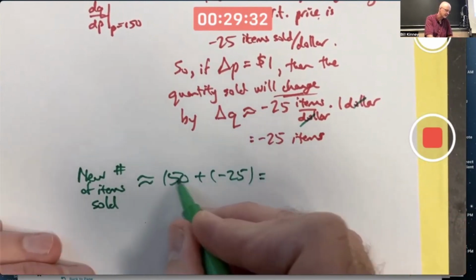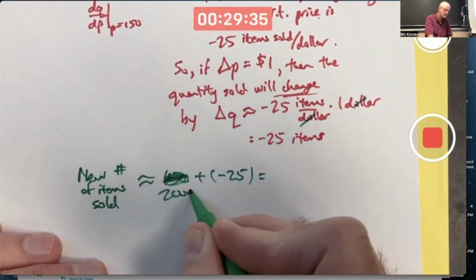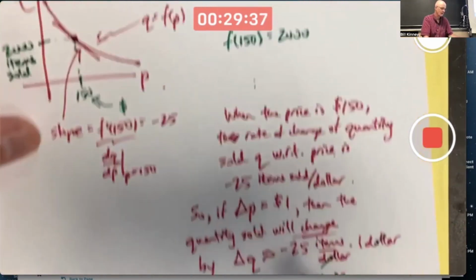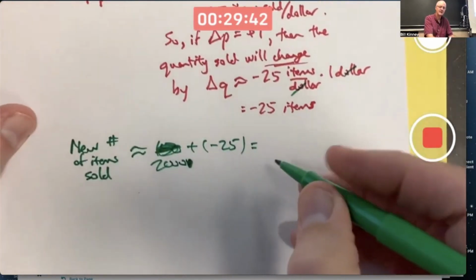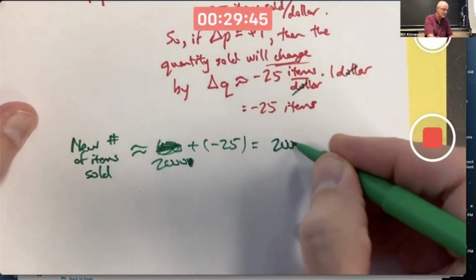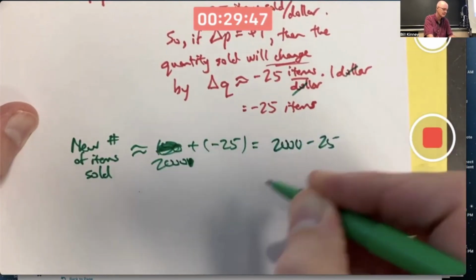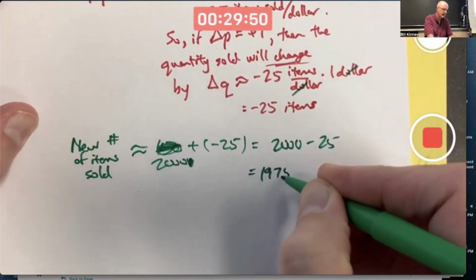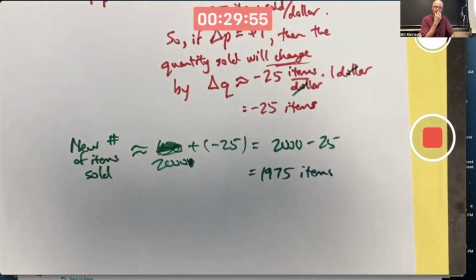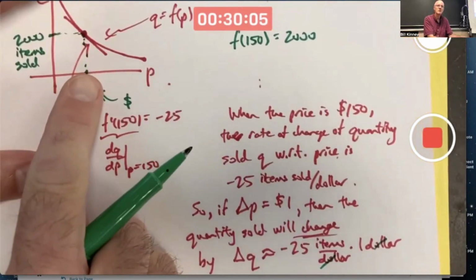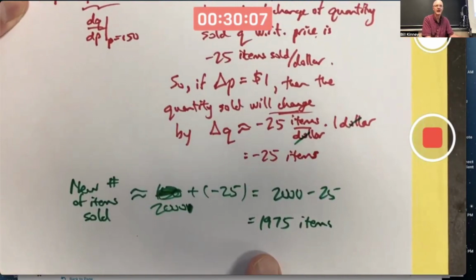Wait a minute, not 150, 2,000. There were 2,000 items sold when the price is 150. 2,000 plus negative 25, which is the same as 2,000 minus 25, is 1,975 items. That would be your linear approximation to the number of items sold if you raise the price from $150 to $151. And yes, it's probably a bit too low. Probably it's going to be more like 1,980 items or something.